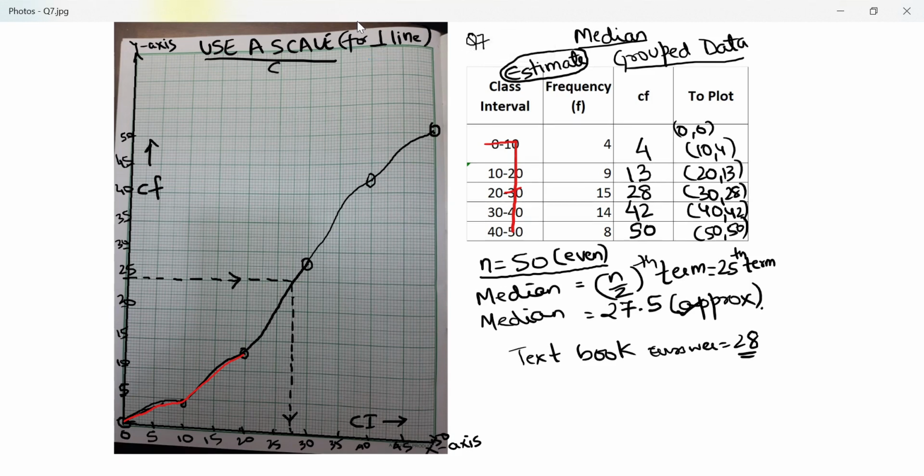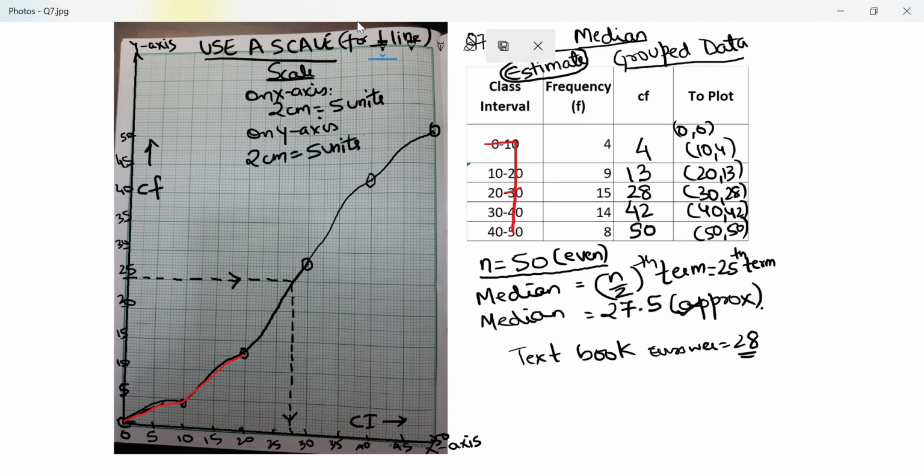Next is the scale. On the x-axis, 2 centimeters is equal to 5 units. On the y-axis, 2 centimeters again is 5 units.